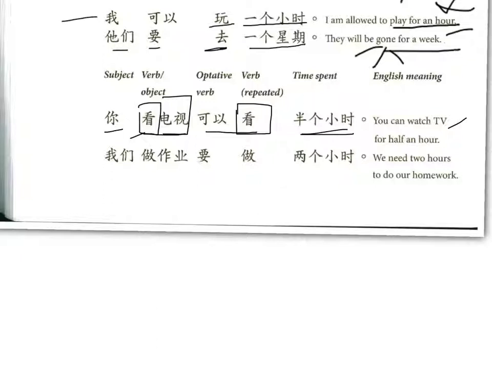Here's another example. 我们做作业要做2个小时. Again, we have the verb, and then the verb is carrying an object with it. So we have 做 and 作业, or do homework. And so the verb is repeated here, and then here's the time, 2个小时, for 2 hours.